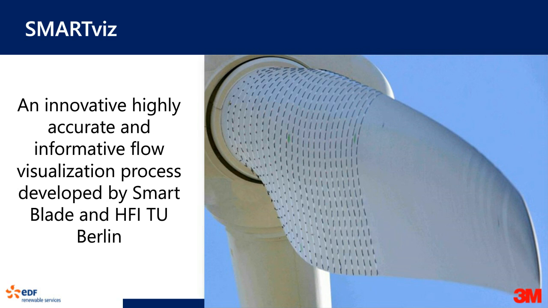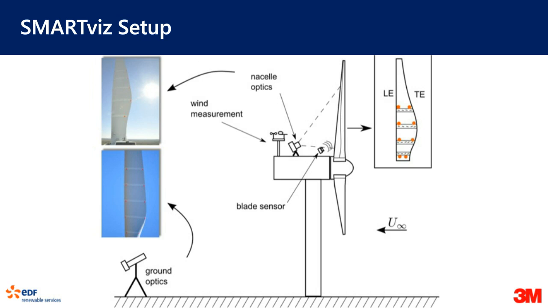So that's the first thing, for us to understand where to actually fix it, which can give us the most optimum solution. For that, we do something called smart visualization, which basically helps us understand the flow by attaching different flow tufts all through the blade and using multiple different optics, wind measurements, and complex algorithms.